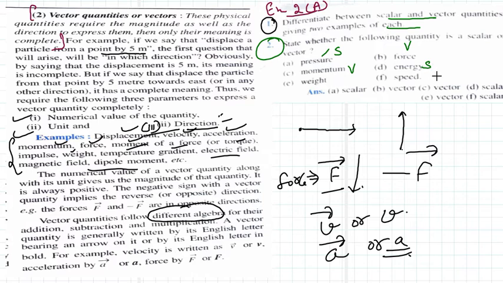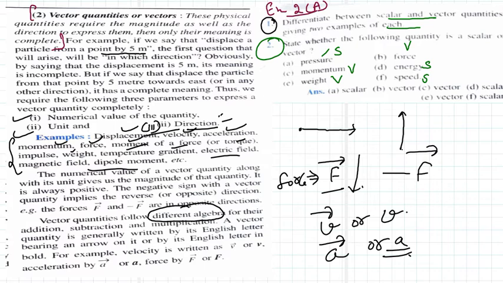Weight also needs direction, so it is a vector quantity. Speed is a scalar quantity, it doesn't need direction. So students, this was the difference between scalar and vector quantities and the answer to your questions 1 and 2 of exercise 2a.